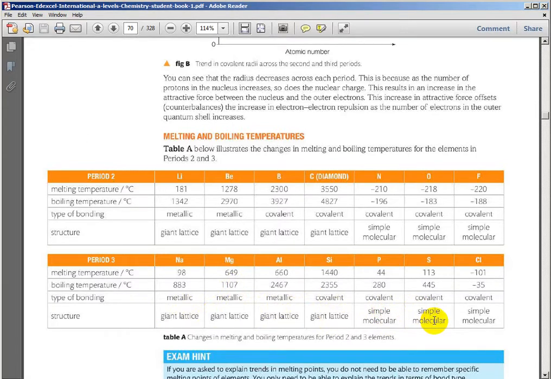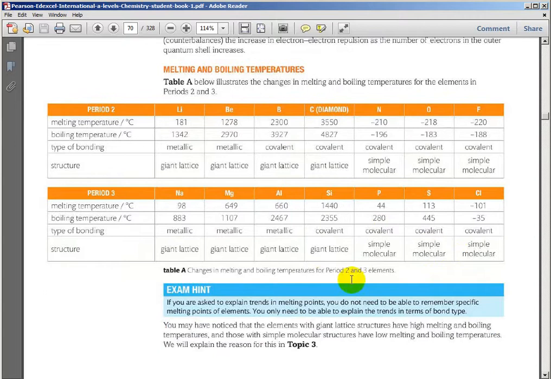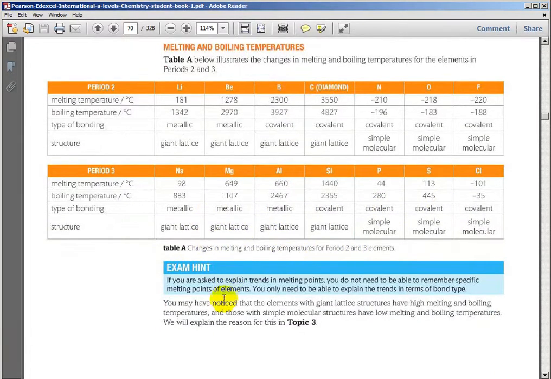So we have seen from left to right what the periodicity change and trend are. We may have noticed that elements with giant lattice structures have high melting and boiling temperatures. Those with simple molecular structures have low melting and boiling temperatures.